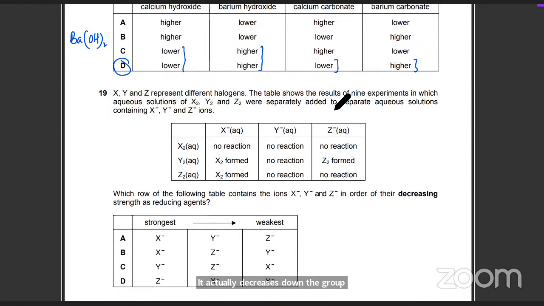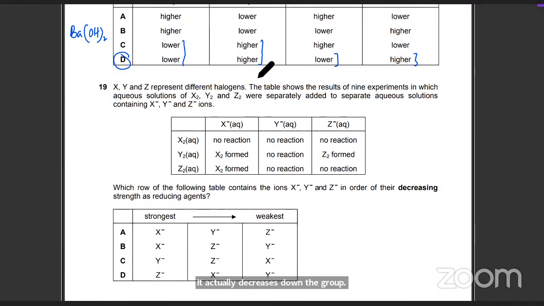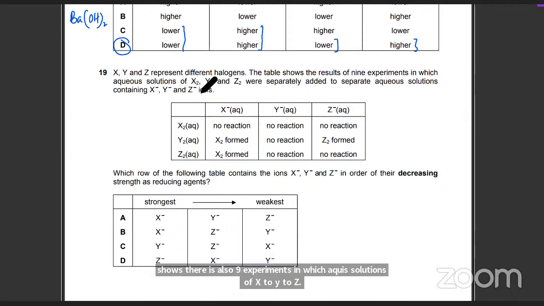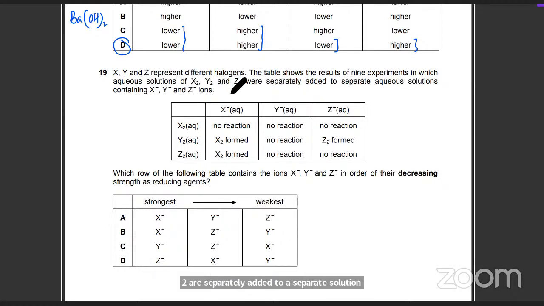As the next part, X, Y, and Z represent different halogens. The table shows the results of experiments in which aqueous solutions of X2, Y2, Z2 were separately added to separate aqueous solutions of X-, Y-, and Z-. So halogens and halides.